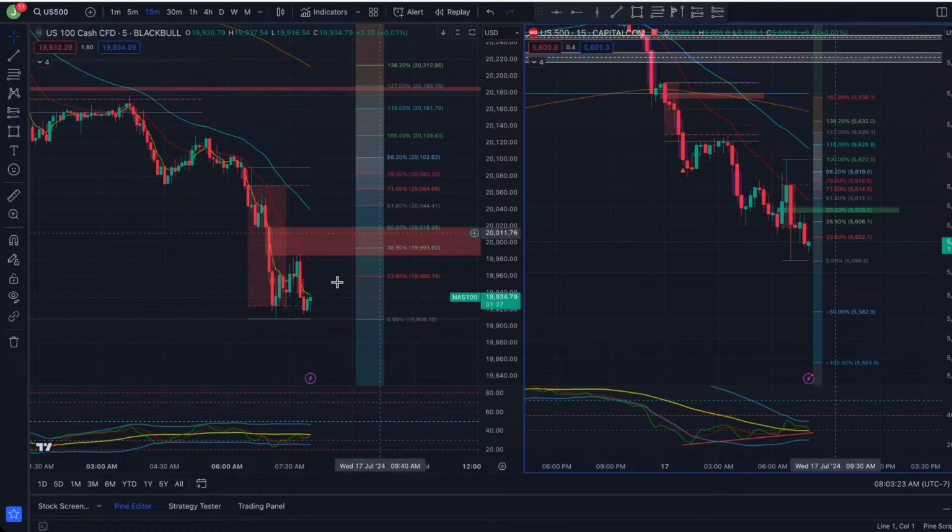Remember, on days like this, the only way our bias changes to bullish is if we actually get a bullish confirmation. Outside of that, my bias remains bearish.